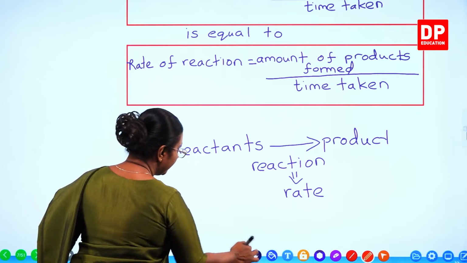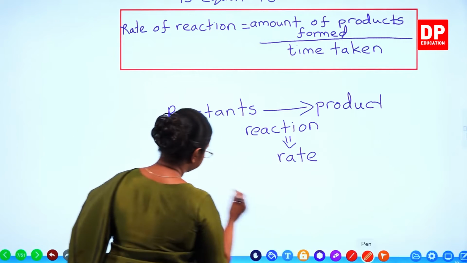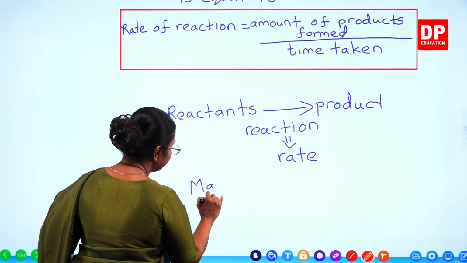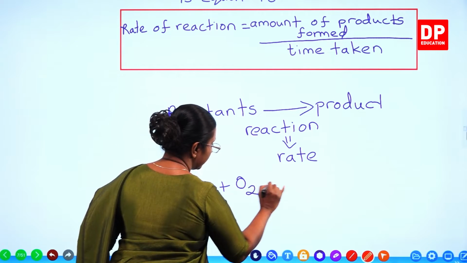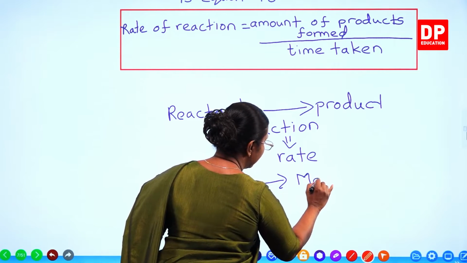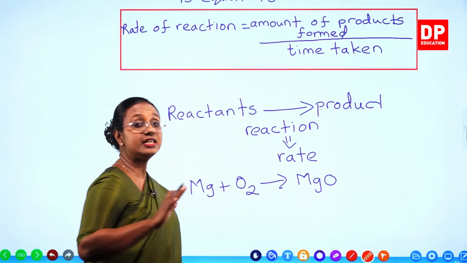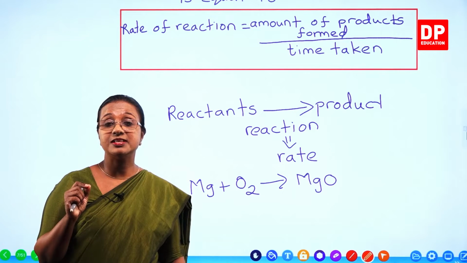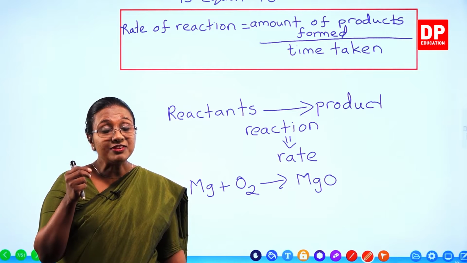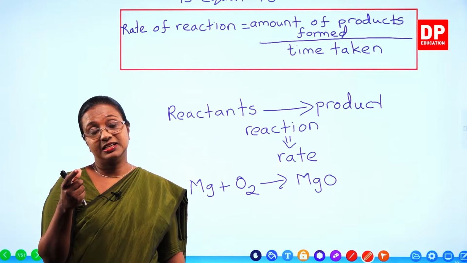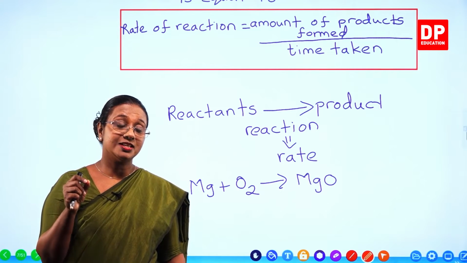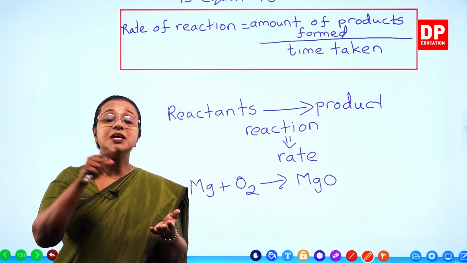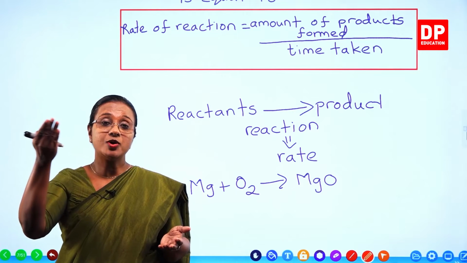Say for example, if we have magnesium burning in oxygen, magnesium oxide is being formed. Now you have seen this taking place. We hold the strip of magnesium to the Bunsen flame. It takes a few minutes for it to ignite. Once it starts, you have seen the strip burning from the bottom, and it keeps on burning.